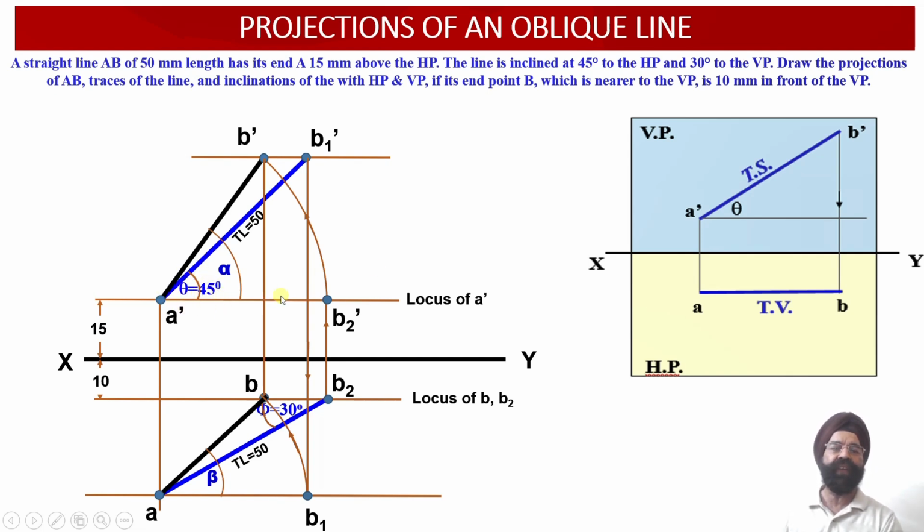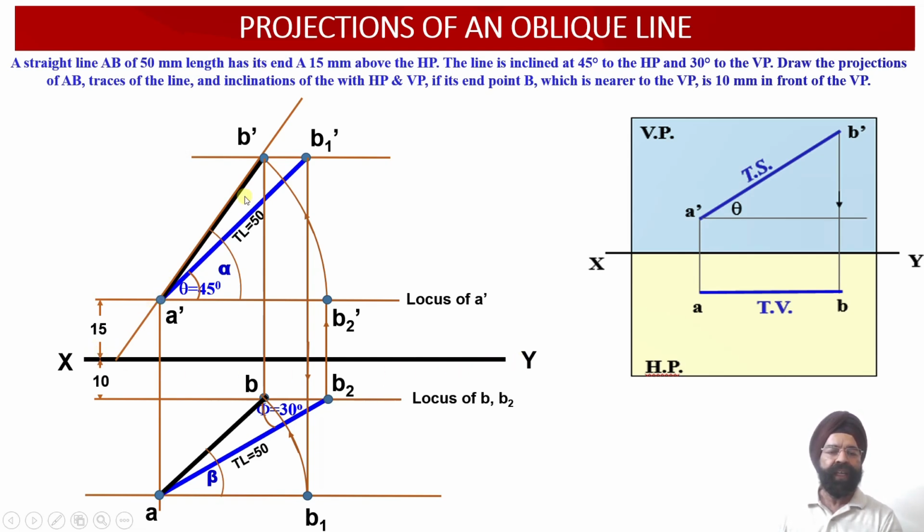So now let us evaluate the traces of the line. A trace of a line will be evaluated from the apparent lengths A dash B dash and AB. So now we need to extend the line A dash B dash such that this line or its extension intersects with the XY reference line.